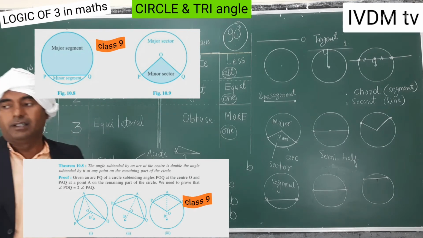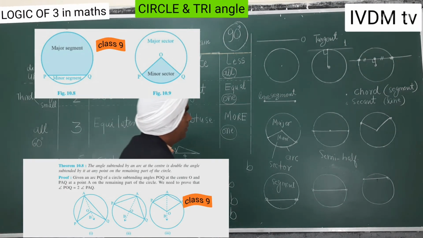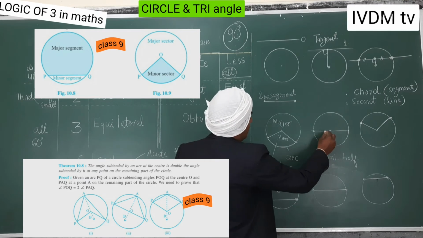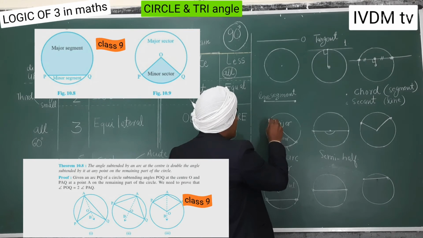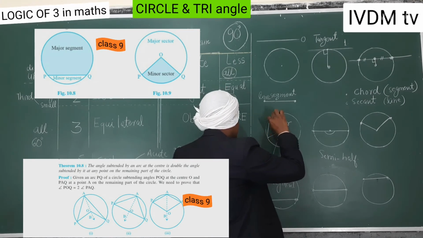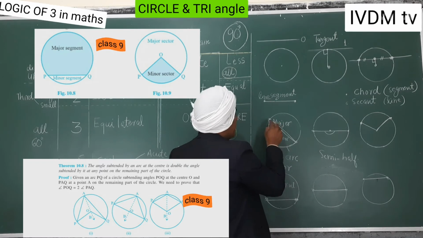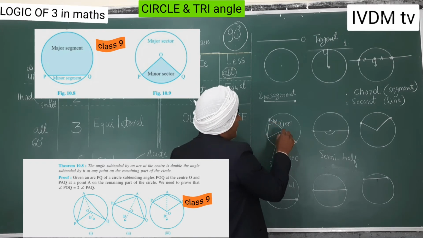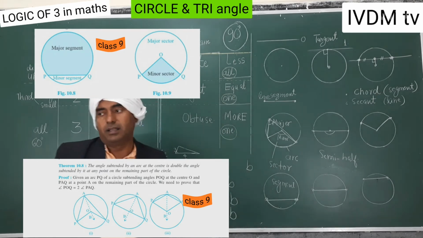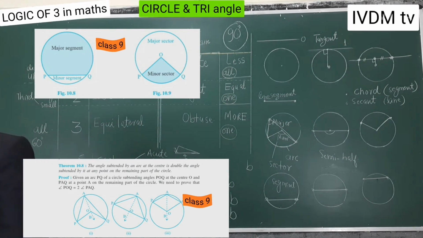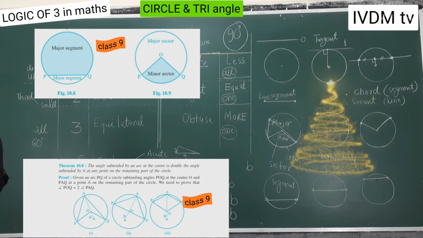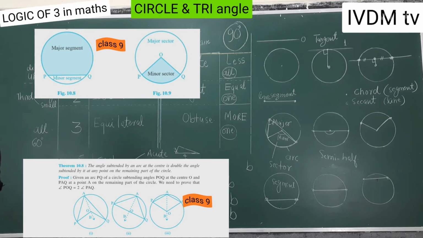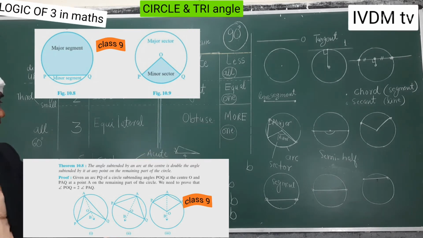In class 9th, it was taught about this, which is 180 degrees. So a theorem is there. If you take any point here in the major segment, the angle in the major segment will be half of the angle made at the center. In class 9th, it was a very important theorem. Theorem 10.8, page number 180. Very important theorem.